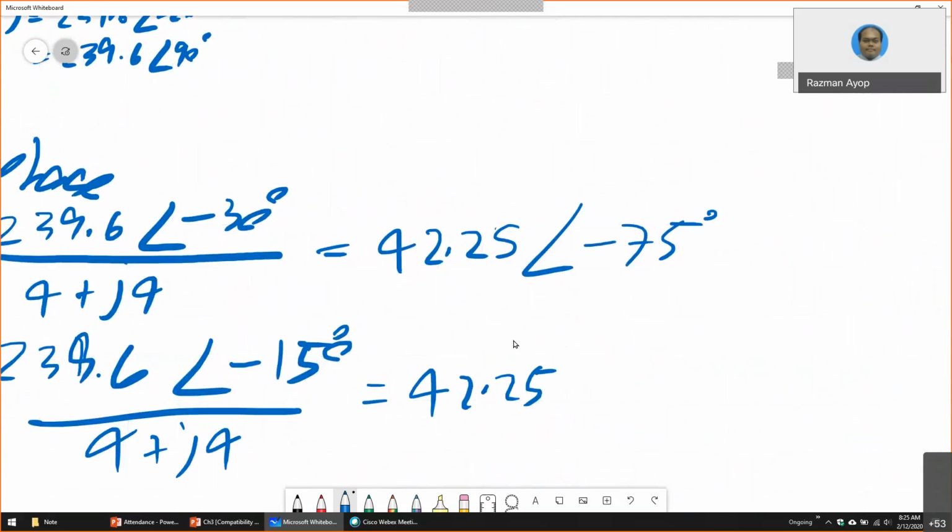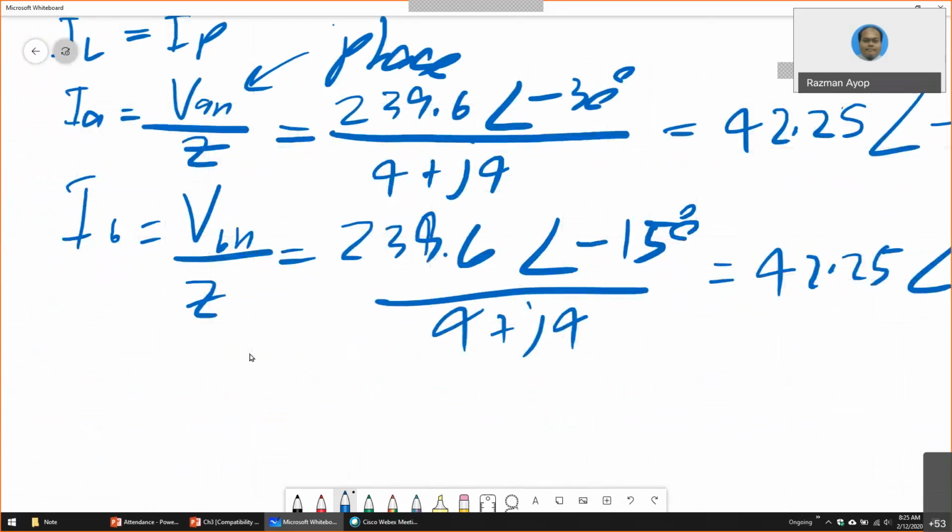The angle, make sure it is negative 120 degree apart. If you calculate this, you will get negative 195 degree. Make sure it is negative 120 degree apart. If not, your calculation is wrong.